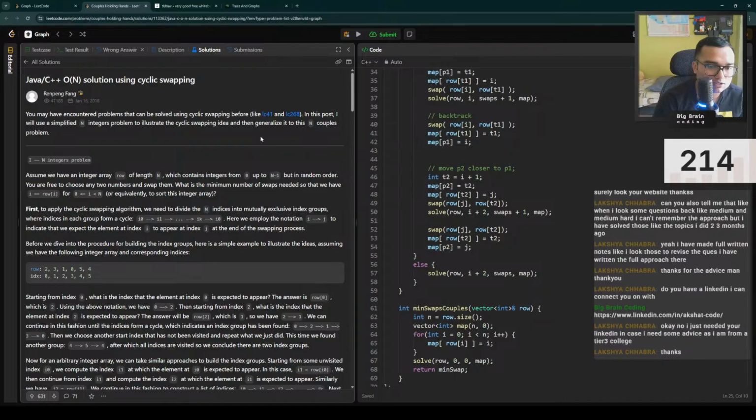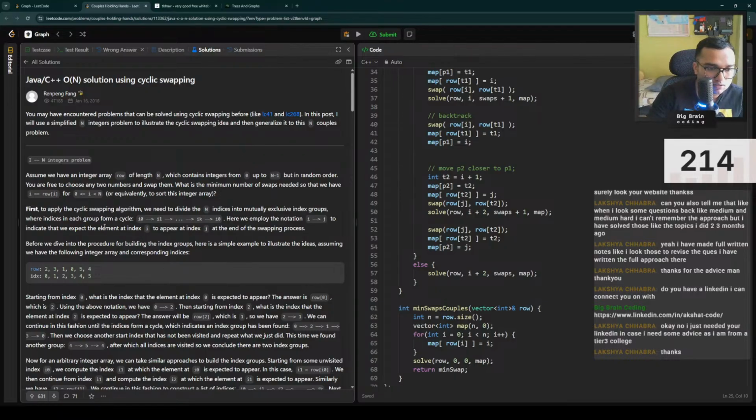Then starting from index 2, what is the index at which the element at index 2 is expected to appear? The answer will be row of 2, which is 1. So we have 2 to 1. We can continue in this fashion until the indices form a cycle, which indicates an index group has been found.